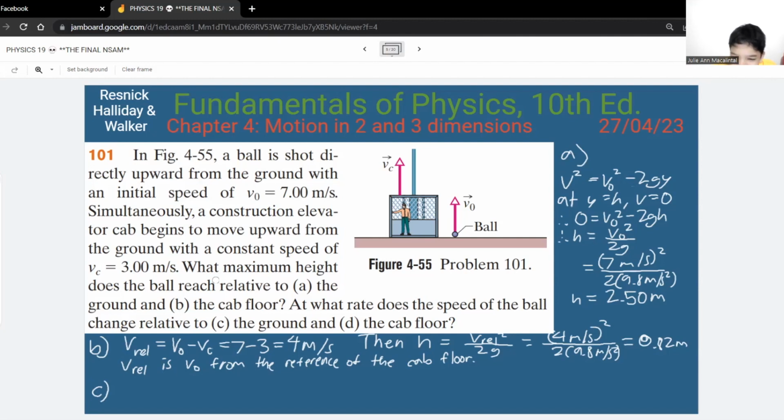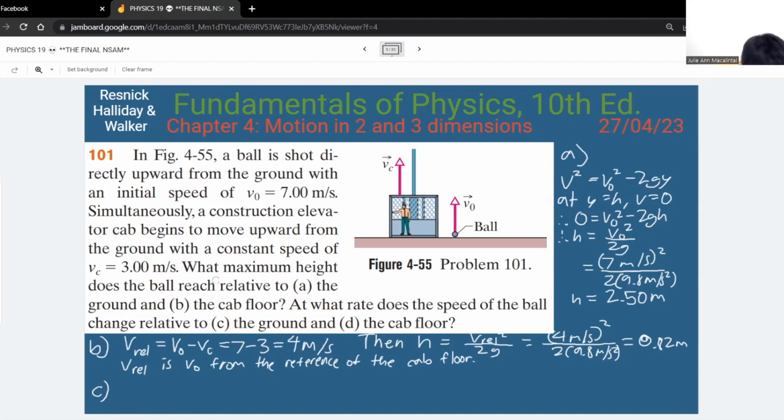Just thinking about it, it's obvious, but how do you justify it? From the ground it's simplest: the motion's acceleration should be g, it's pretty obvious. But from the cab floor, how do you justify that it is also g?